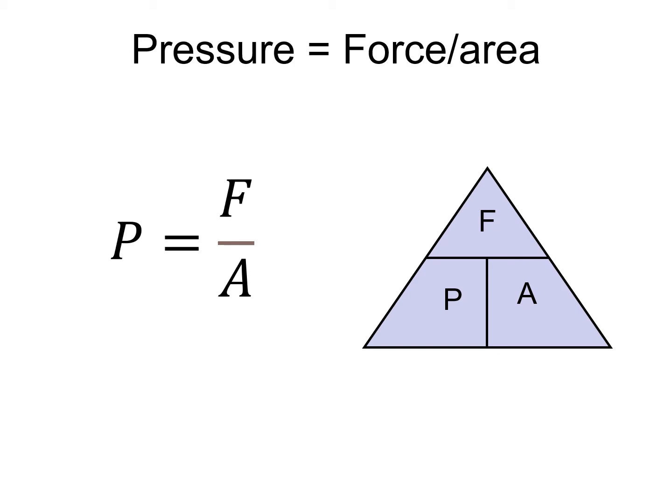So for example, if we wanted to know force, then we'd pull that out of our box and say F equals, and what's left is P beside A. That means pressure times area. If we wanted to know area, we'd pull that out and say area equals, and we see that it's force over pressure, or F over P.